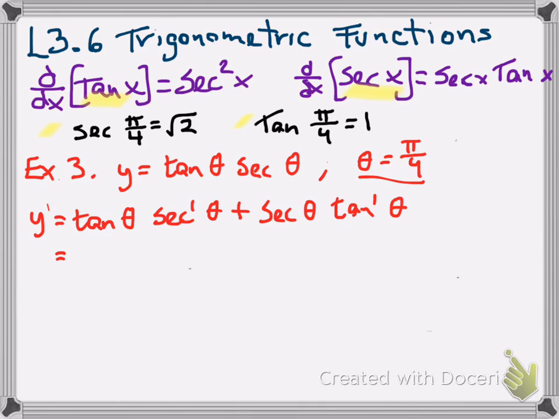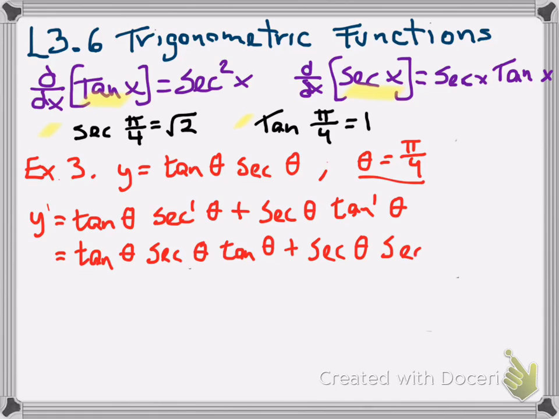So that means it's going to be tangent of theta times the derivative of secant, which is secant times tangent of theta, plus secant of theta times the derivative of tangent, which equals secant squared of theta. That means this is going to be secant of theta tangent squared of theta plus secant cubed of theta.